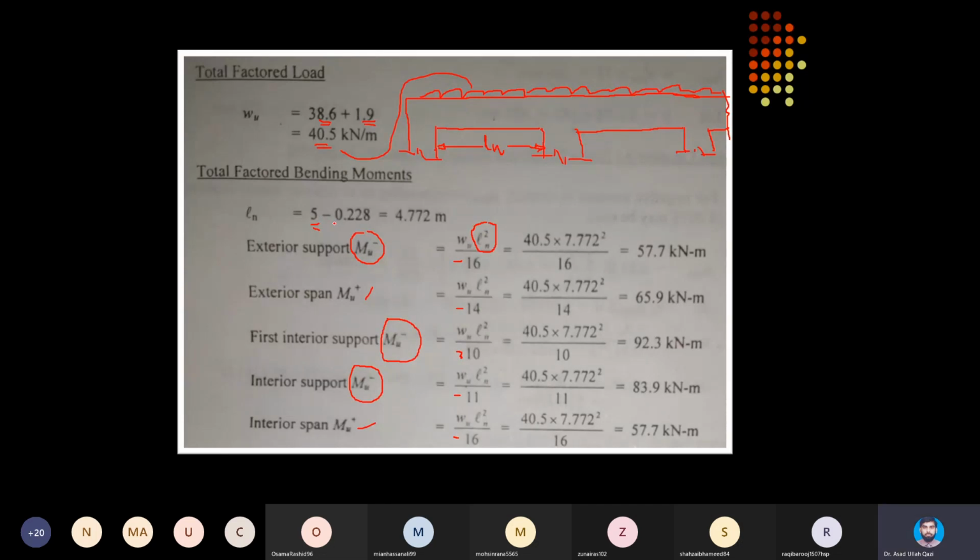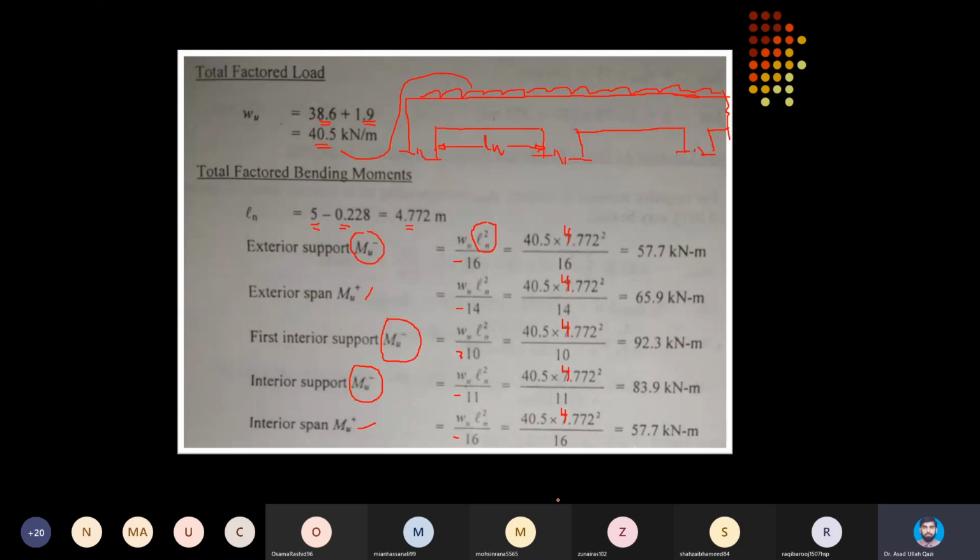Subtracting half of column dimension from either side will result into the dimension equal to column 0.228. So the clear span will become 4.772. In this edition of the book there was a typing mistake, as I scanned this example from the third edition. I hope in a new edition this typing mistake will be removed. 4.772 is the clear span.